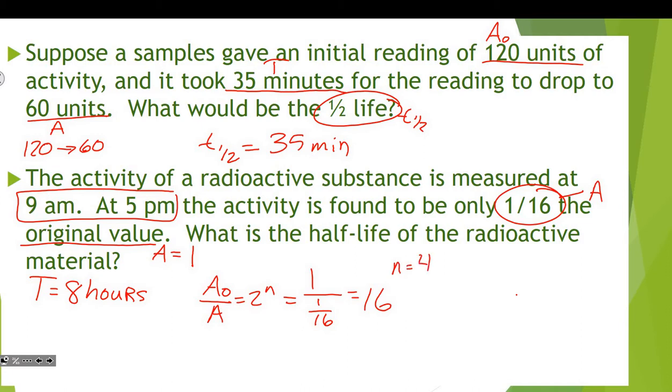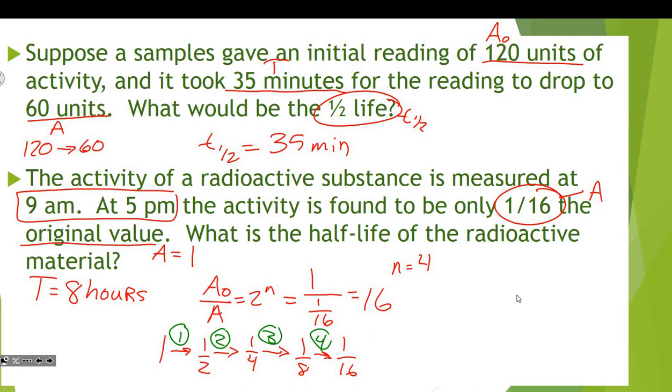I can also look at it and say, okay, I started with 1. If I cut it in half, it's 1/2. If I cut that in half, I get 1/4. If I cut that in half, I get 1/8. If I cut that in half, I get 1/16. How many times did I cut it in half? 1, 2, 3, 4. So there's two ways you can look at it.